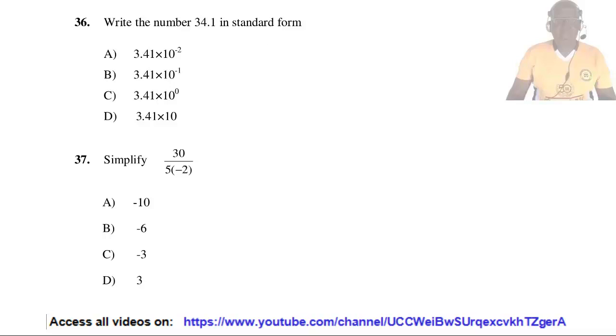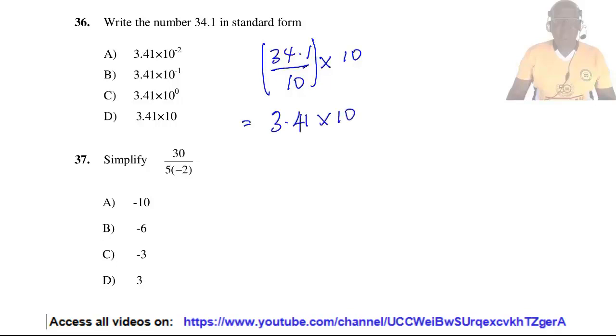So 34.1 divided by 10. Since we have divided by 10, we shall multiply by 10. And this over here equals 3.41 times 10. So the answer is D.